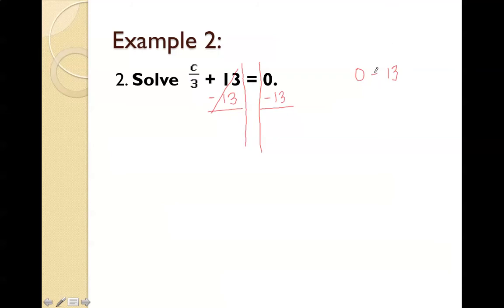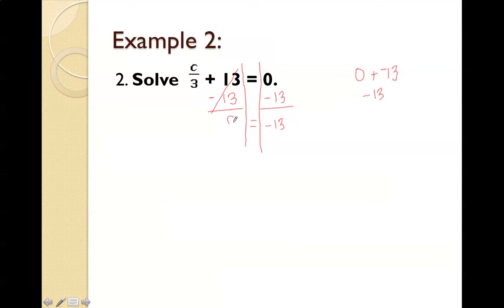Anytime I have subtraction now, I add the opposite. So I have a 0 and a negative 13, which just gives me negative 13. The equal sign just slides down, and then I bring whatever else is left down.